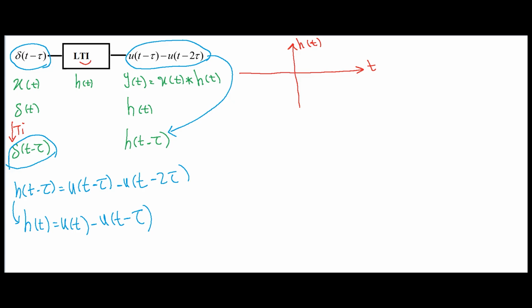Now, if we want to sketch h(t), we know that u(t), the unit step function, is equal to 1 for t greater than 0 and 0 for t less than 0. Similarly, u(t minus tau) is the same step function shifted to the right by tau.